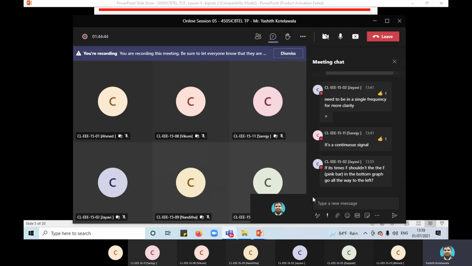If it's times f, shouldn't the pink f bar in the bottom graph go all the way to the left? Jaivi, your point is not clear.